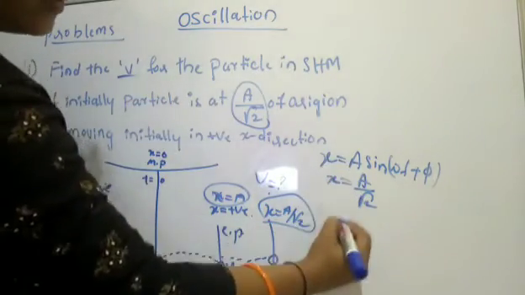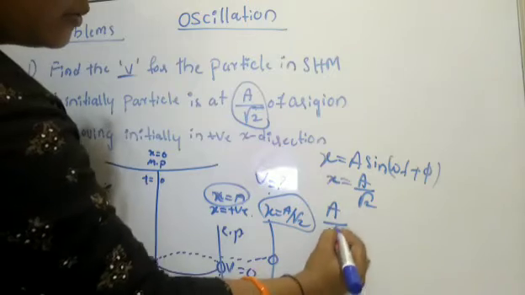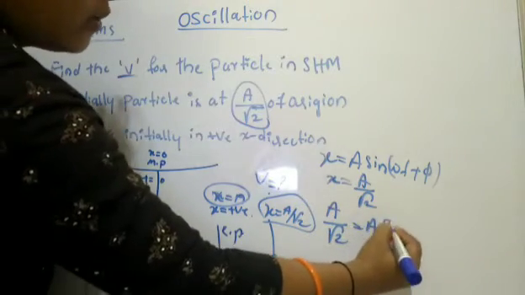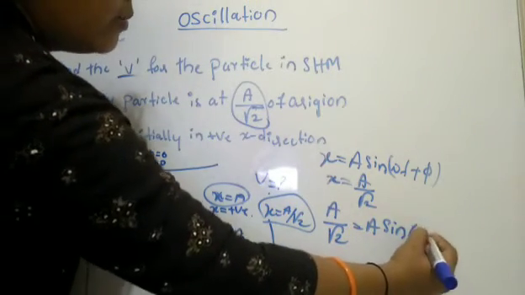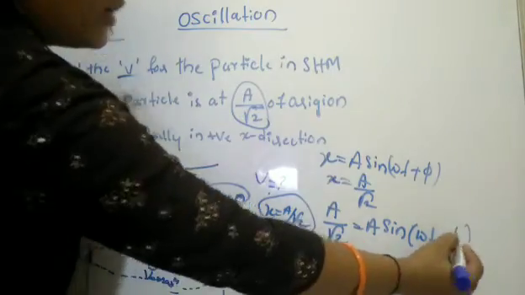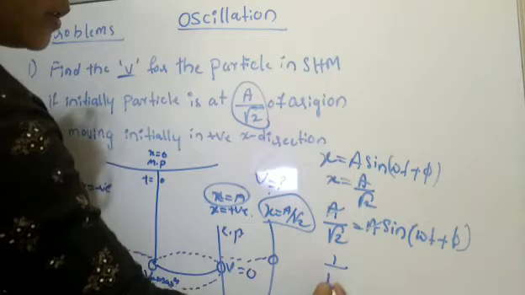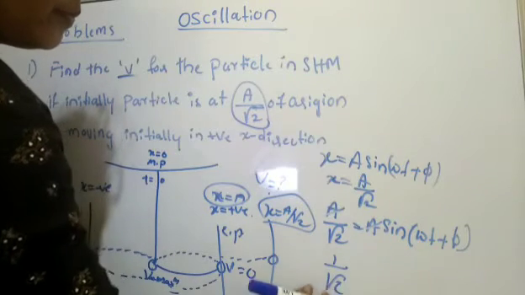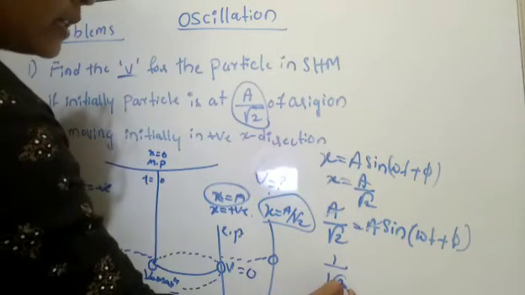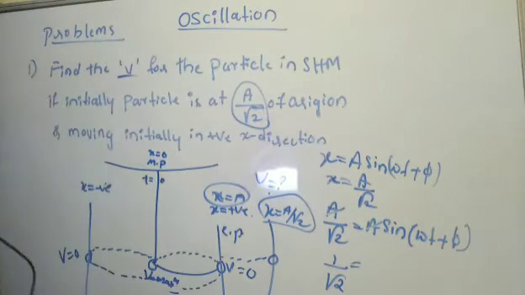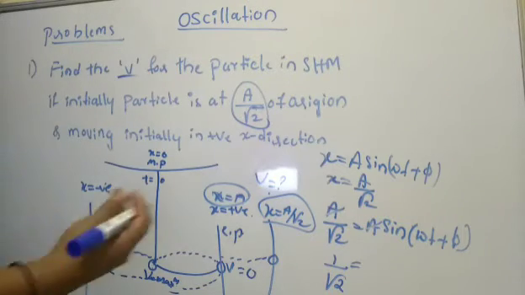Next we'll substitute this here. A by root 2 is equal to a sine of omega t plus phi. So a cancels, remaining with 1 by root 2. I think you have tried this. Those who have not tried, just cross-check what you are doing against what I am doing to see which is correct.